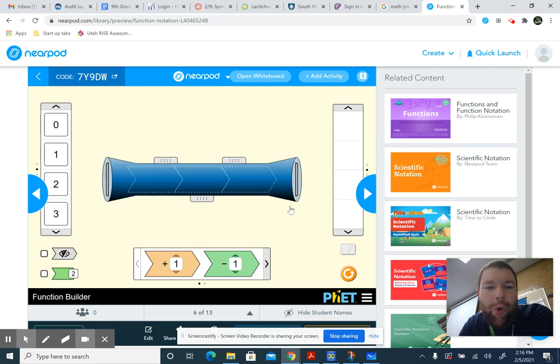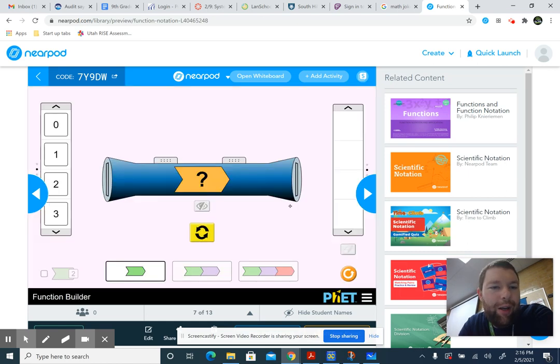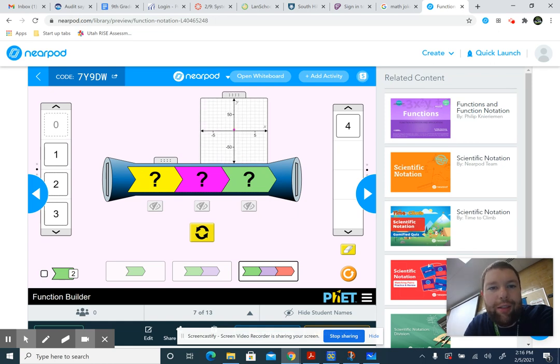This one you can make your own and then plug them in. And then on this one, you have to figure out what's going on here, right? So if you want a challenge, you can do 3. So if I plug in 0, let's see what I get. I get 4. So I can kind of see, there's a graph. That's my table.